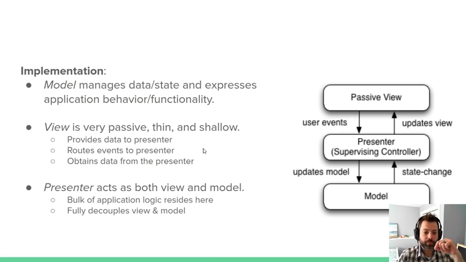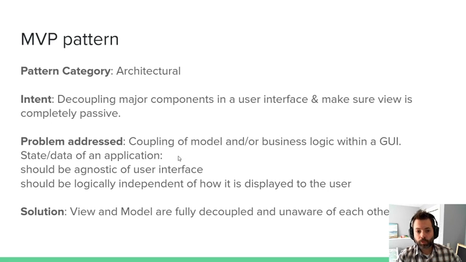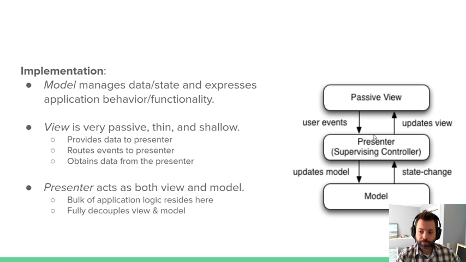The intent of MVP is to absolutely slice out the view and make it its own thing, only intended to present data. Before, the view had a little bit more power to it. The controller becomes a presenter.